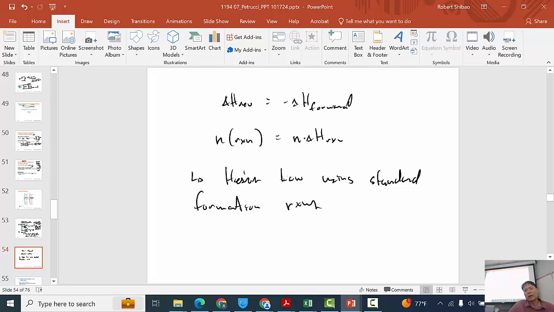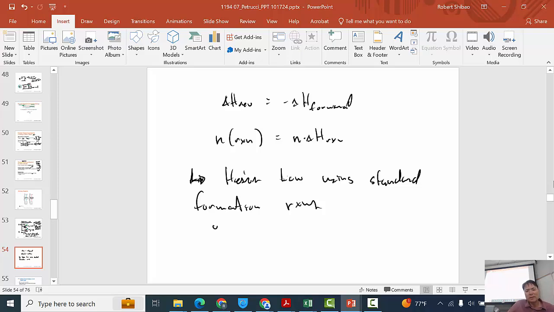This could also be for processes as well. It doesn't have to be a reaction. It could be a physical change. So the other method is using Hess's law with these standard formation reactions.